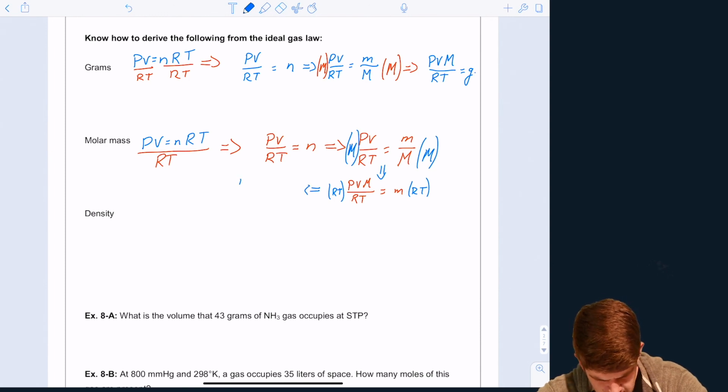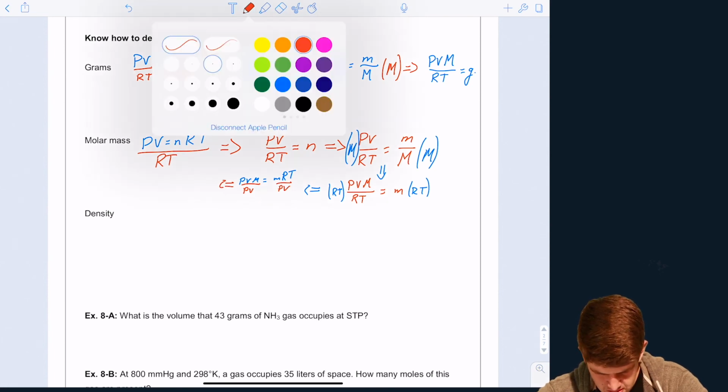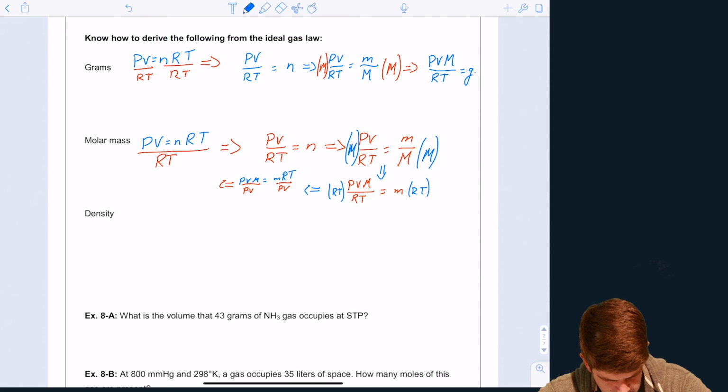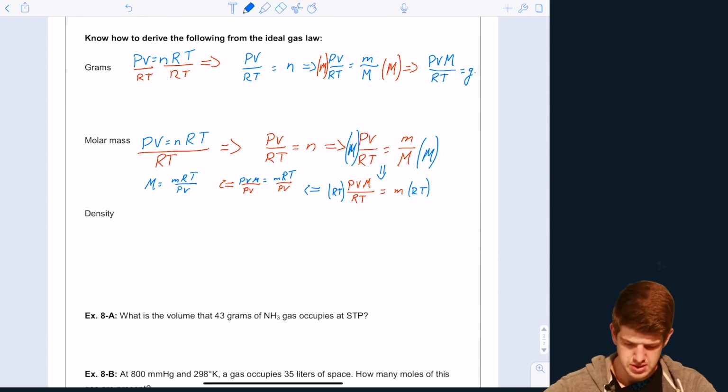Now I have PVM is equal to mRT. Lastly, divide both sides by PV, and I will have my molar mass is equal to mRT over PV.